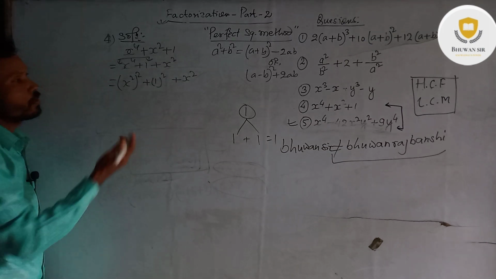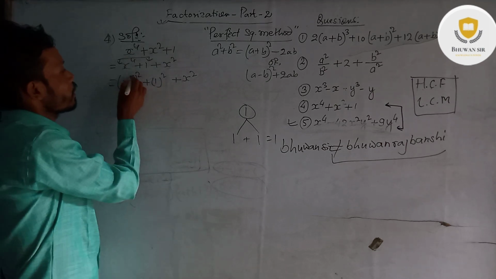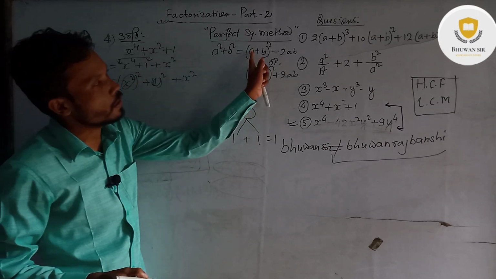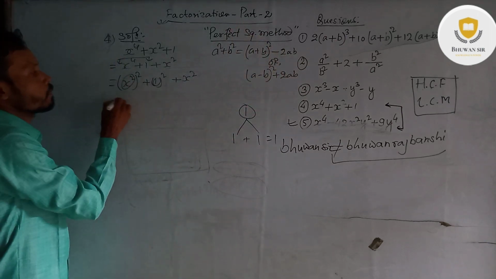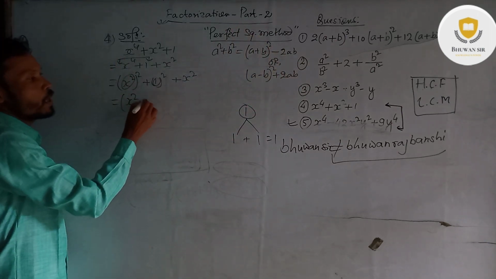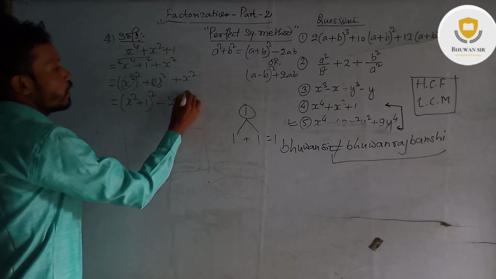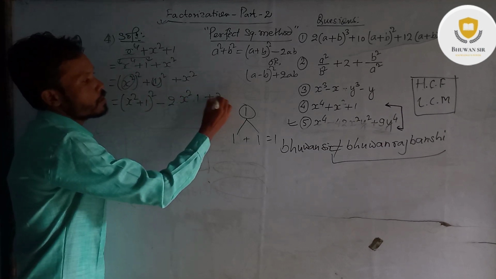It is 1 only. Now a square plus b square. See here, a means x square and b means 1. A plus b whole square minus 2ab. Apply this formula first. X square plus 1 whole square minus 2ab. A means x square, b means 1, plus x square.